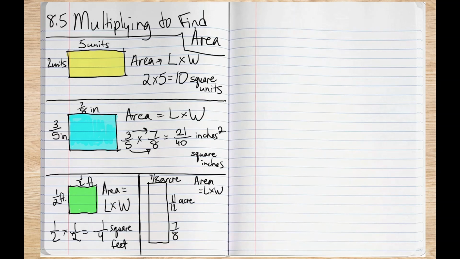So I'm just going to multiply 7/8 times 11/12. 7 times 11 is 77. 8 times 12 is 96. And my label is square acres. And if you want, you can go ahead and color that one in too. Just to remind you, area means the flat surface inside.